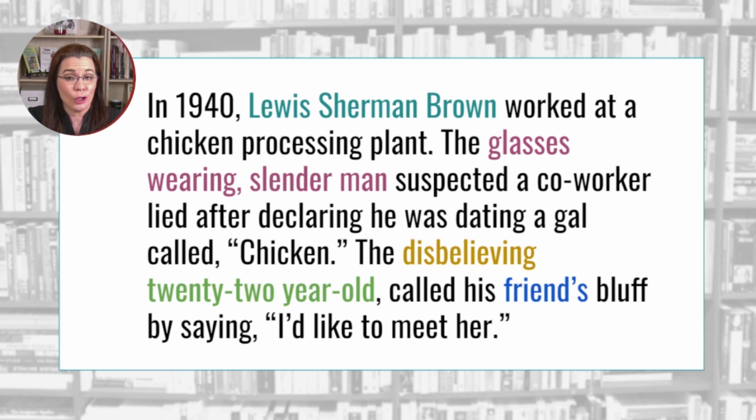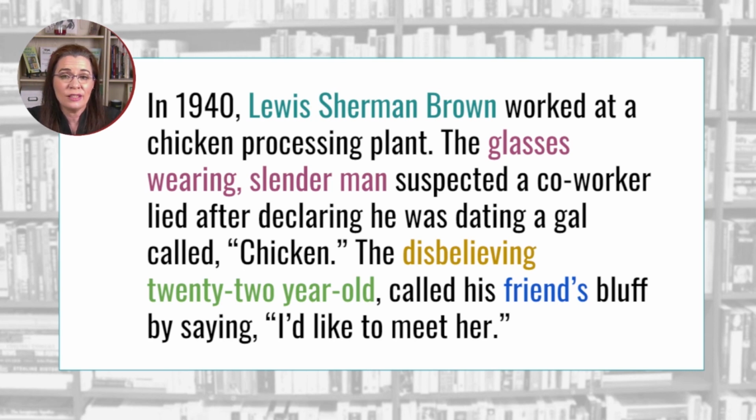Now that I showed you different techniques, let me show you the techniques in action. On screen, you will see the revised story snippet from the beginning with the newspaper naming techniques called out in brackets. Notice all the ways I referenced Lewis from the initial story. In 1940, Lewis Brown, that's his full name, worked at a chicken processing plant.